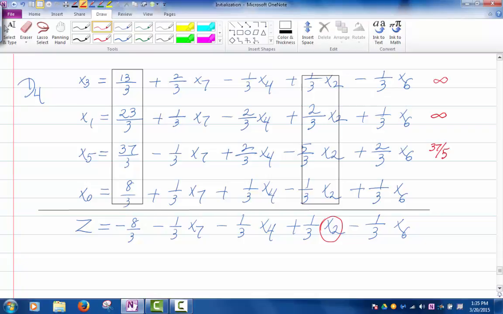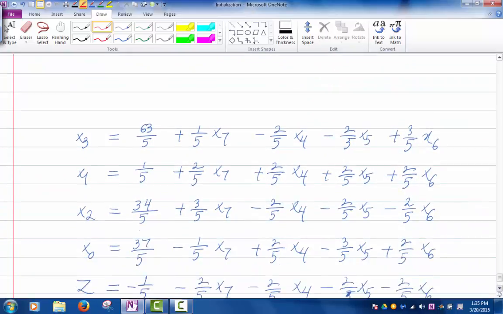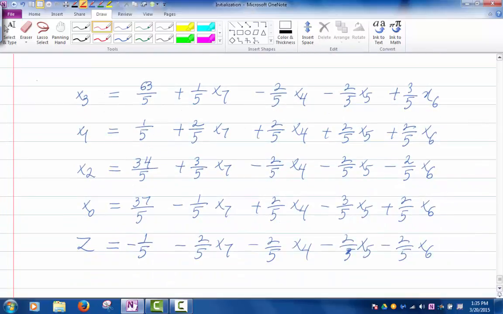And then in the last row, 8/3 over 1/3. So what is that? 8. Which one is small? 37/5, right? Because that's 7 something. So this is the leaving. Okay, so that was D4, and then you write down the next dictionary, D5.